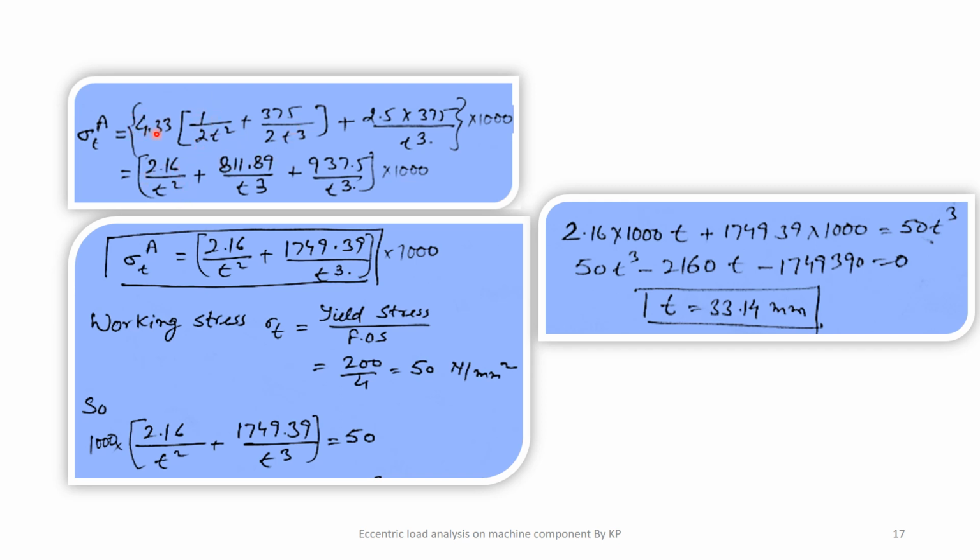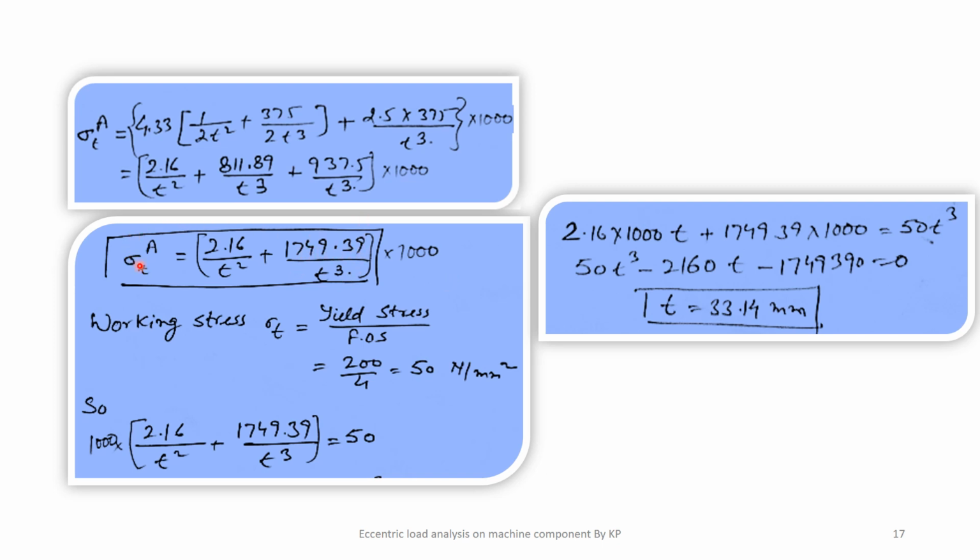Then multiplying 4.33 by 375, we get 811.89 divided by T cube here, and when we solve this expression, we get 937.5 divided by T cube, and we multiplied by 1000 outside the bracket. So this is the net value. We add these last two because the denominator is the same here. So the net value of tensile stress at point A is 2.16 divided by T square plus 1749.39 divided by T cube, multiplied by 1000.